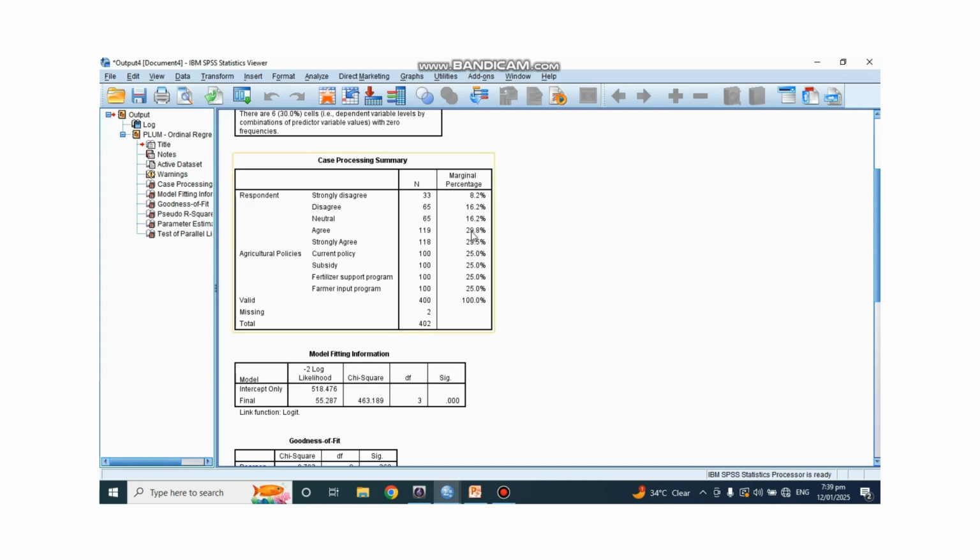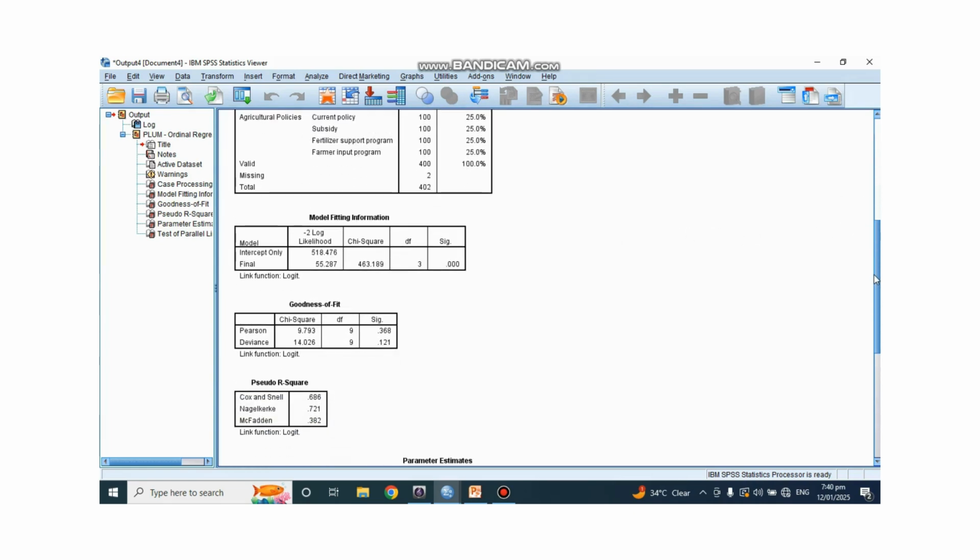Agree is 29.8%. Strongly agree is 29.5%. All right, so for the current policy, subsidy, fertilizer support program, and farmer input program, we have 100 participants responding to these questions. So let's go to the next, model fitting information.